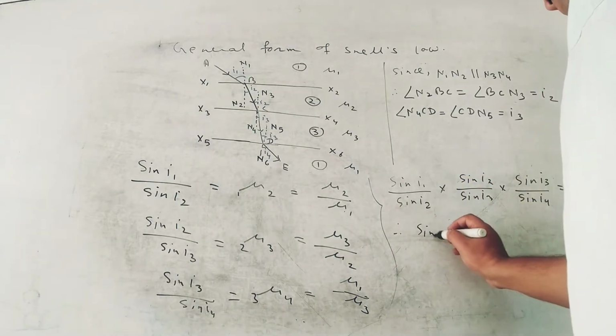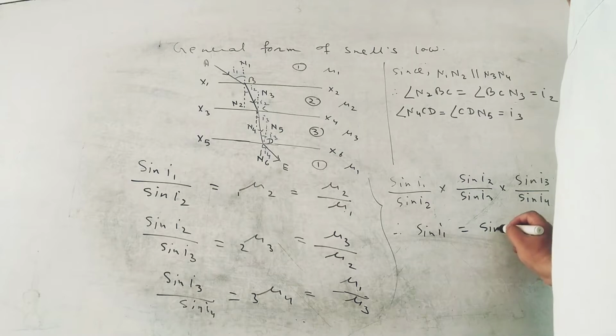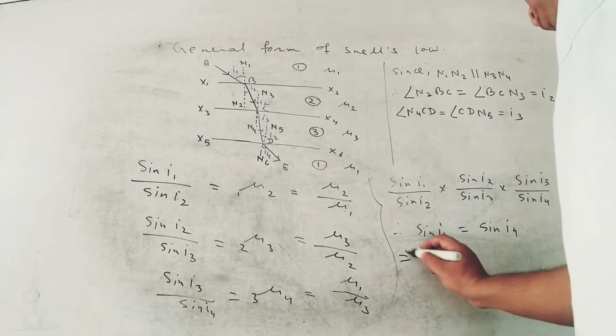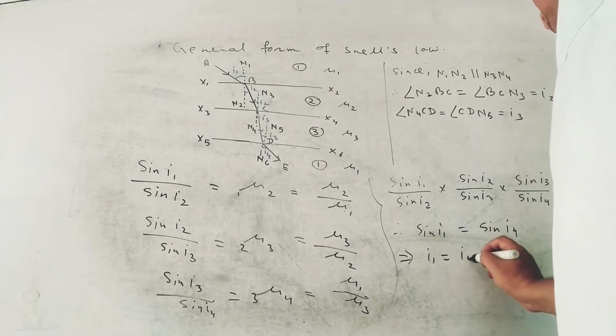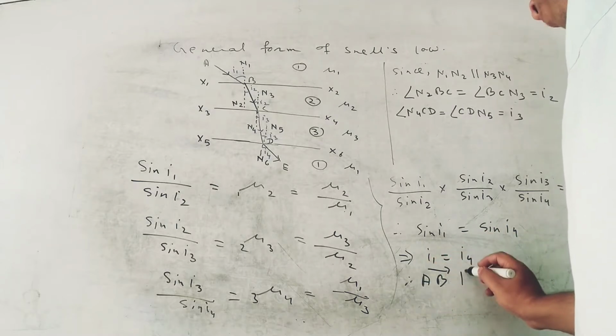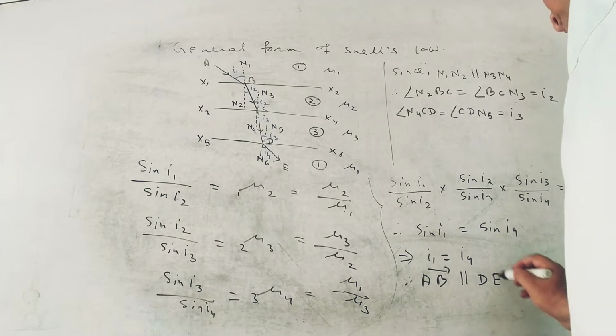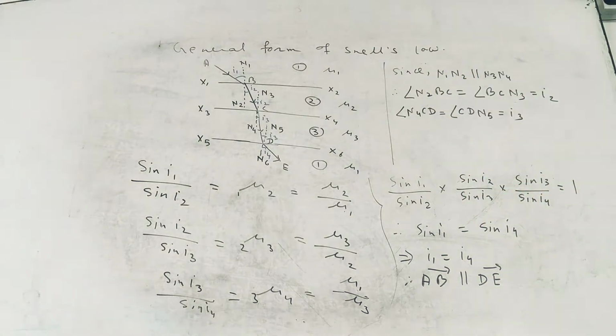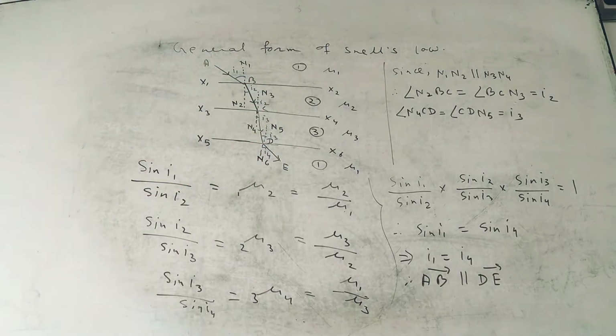Therefore, sin I1 is equal to sin I4. This gives I1 is equal to I4. Therefore, AB is parallel to DE. That is, the incident ray and emergent ray are parallel to each other when the first medium and the last medium are the same.